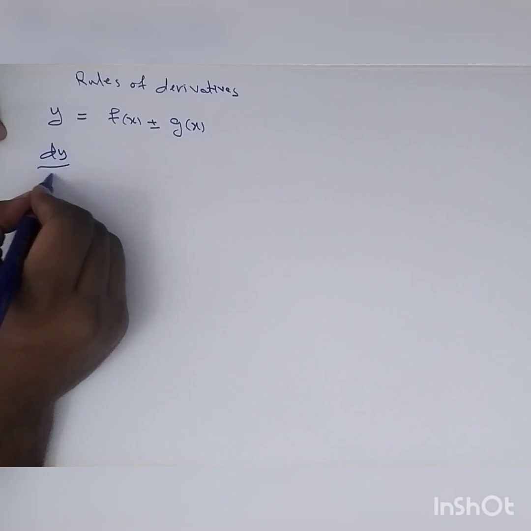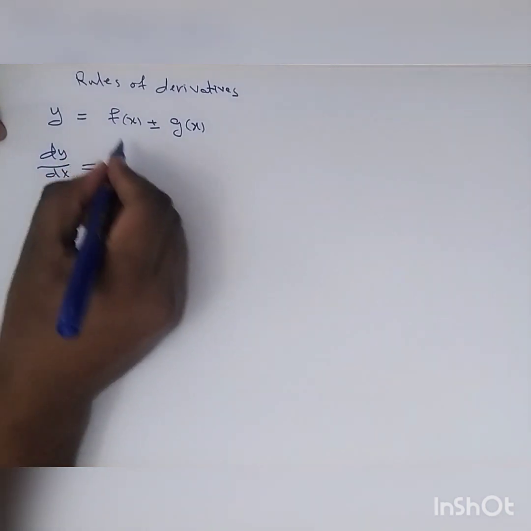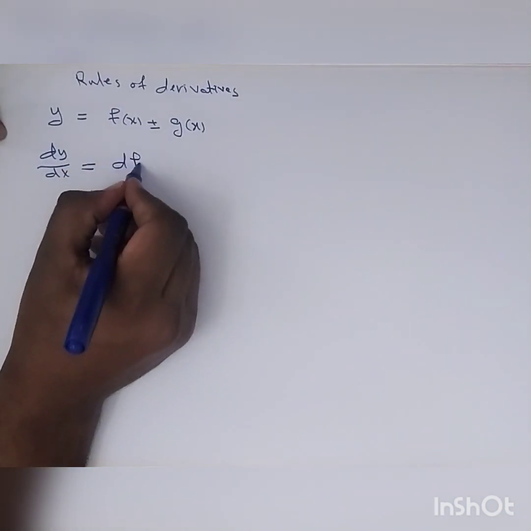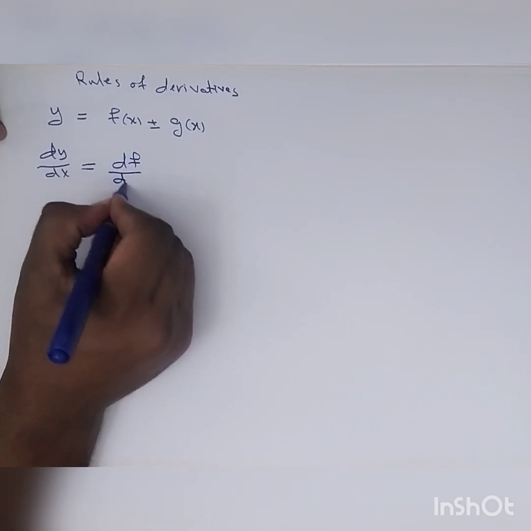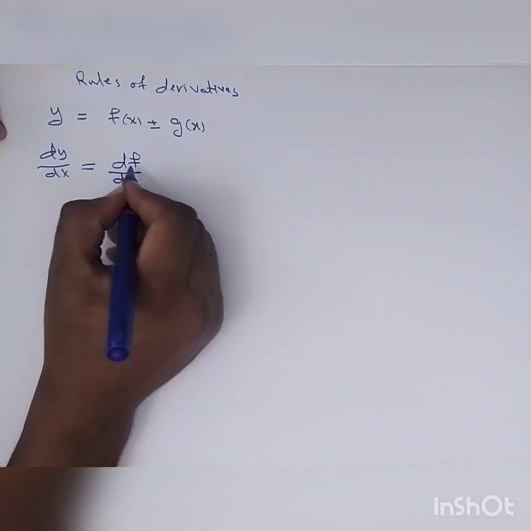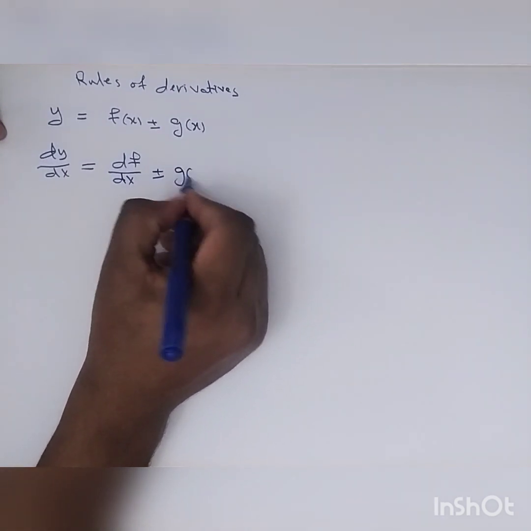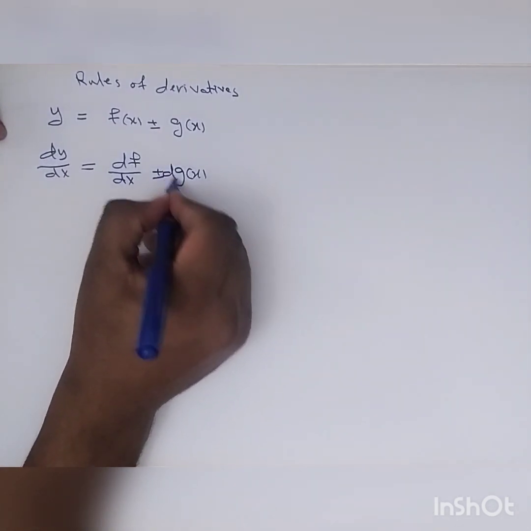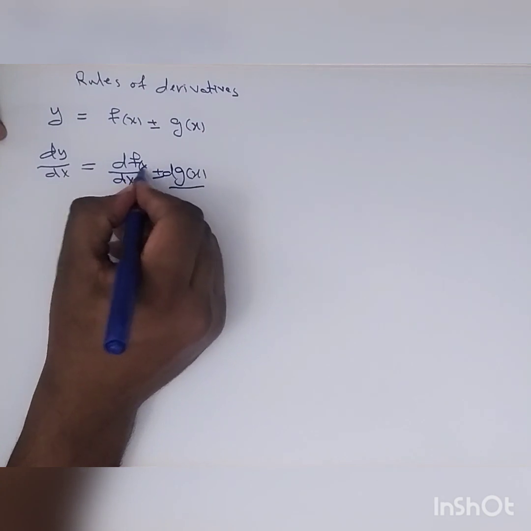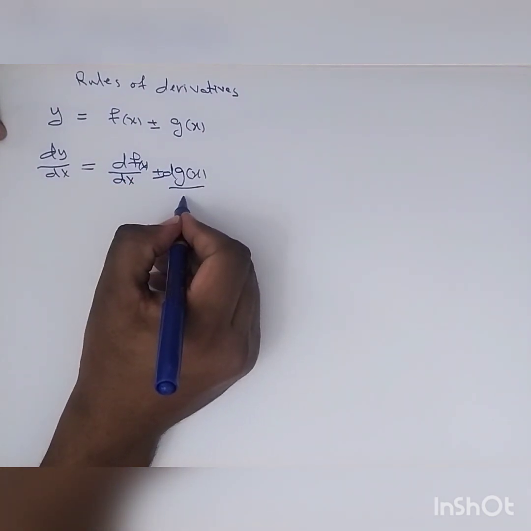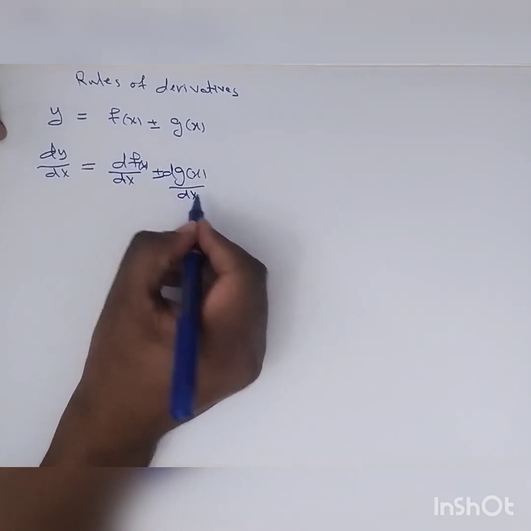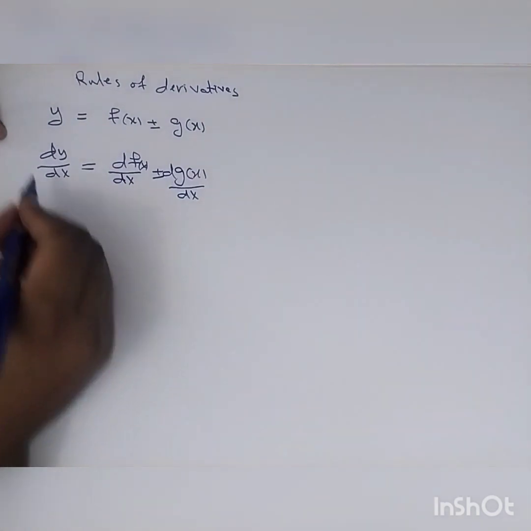So dy by dx will be the derivative of the first function f of x with respect to x, so we differentiate with respect to x, then plus or minus the derivative of g of x. We can also do this with respect to x.